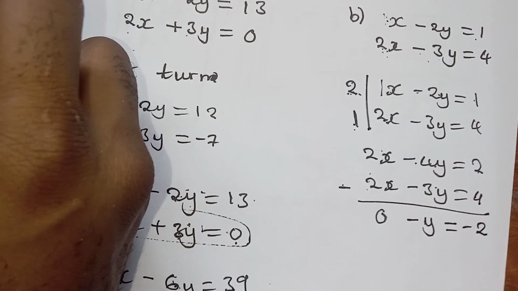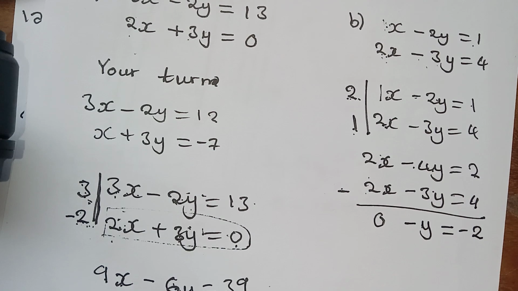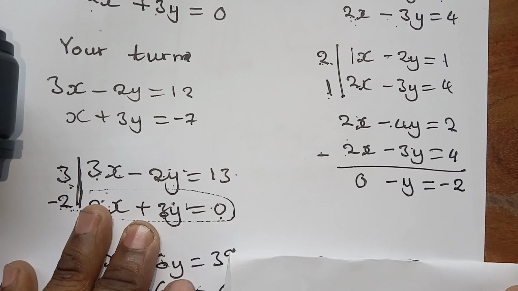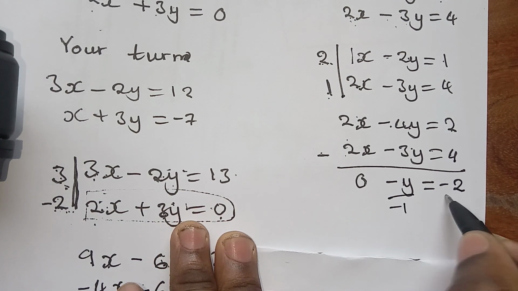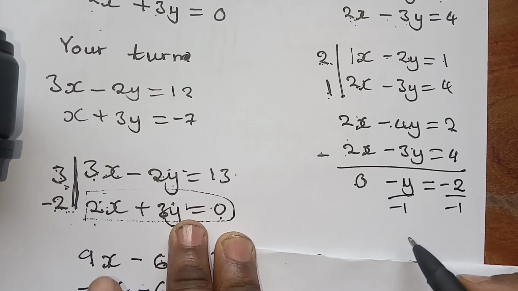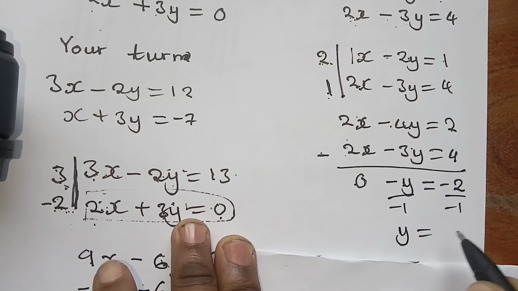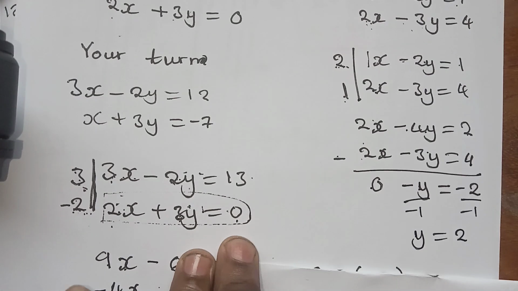So now to solve for y, you can just divide both sides by negative 1 because this 0 is not changing anything. So this will be a 2.